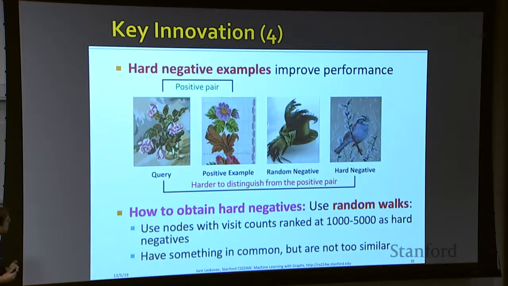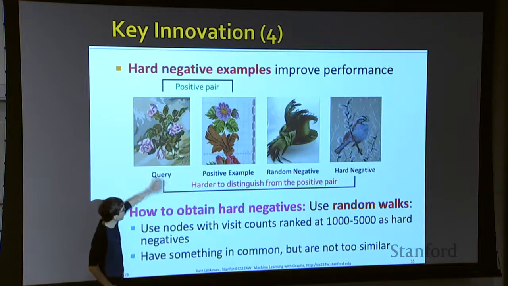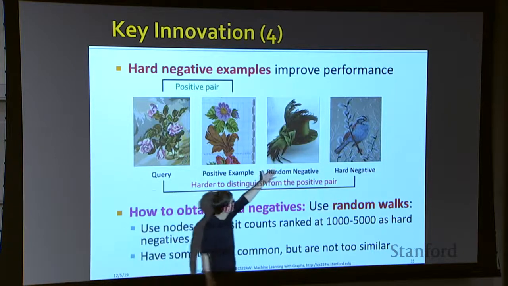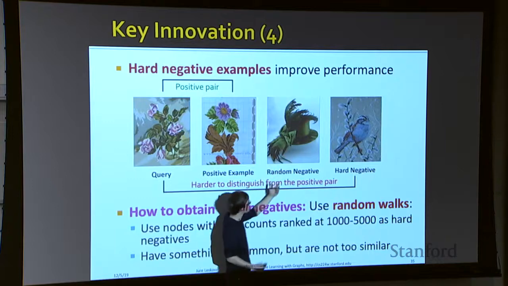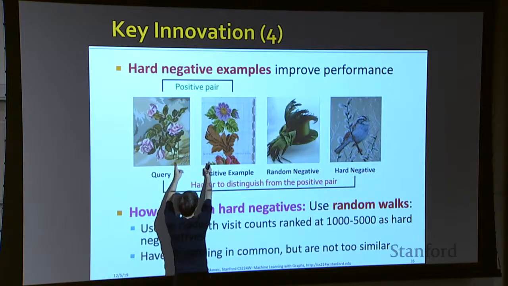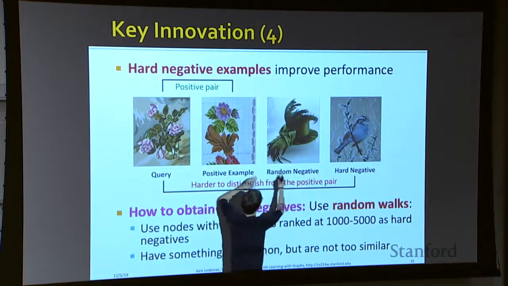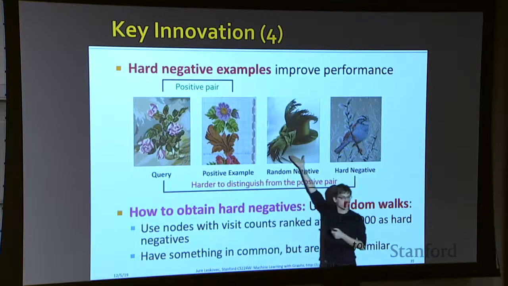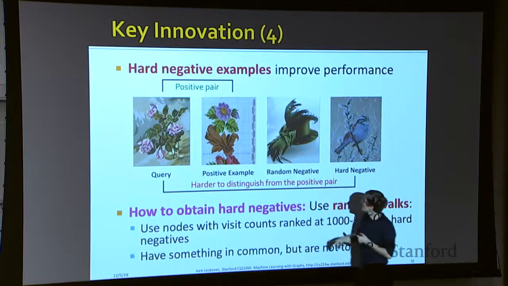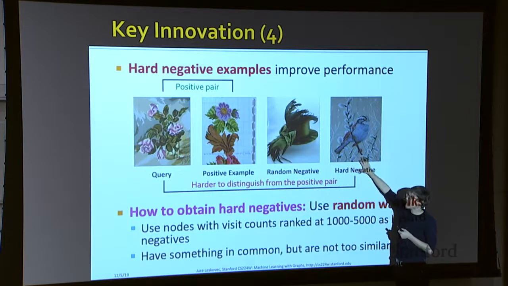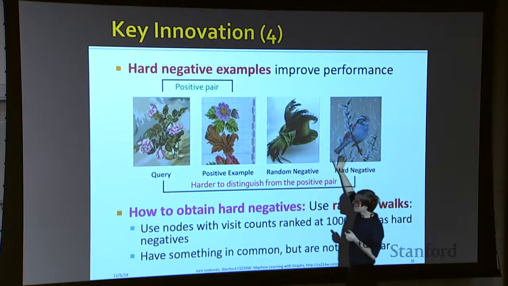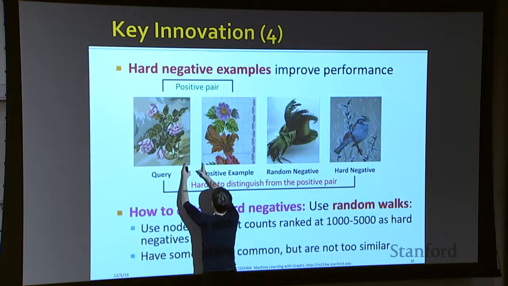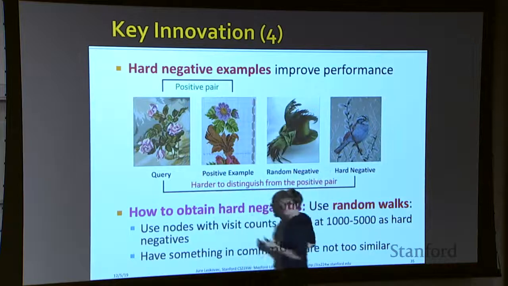If this is my query, and I know this is a positive example, then if I pick some random pin, it will be something unrelated. And it is very hard to learn that this is more related than that if all I can give you is things that are related and something completely random. But if I have a hard negative example, and I tell you not only that these two are more related than those two, but that these two are more related than those two, then you can really learn.